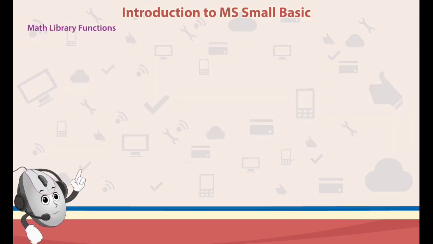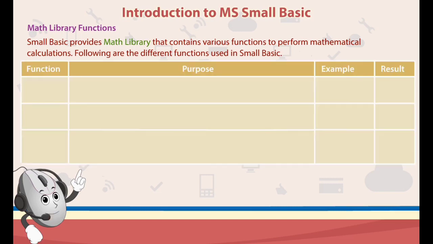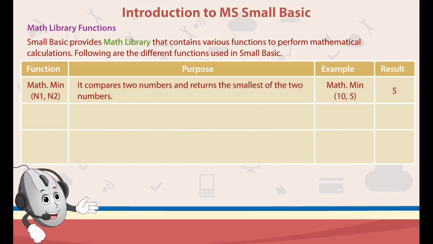Math library functions. Small Basic provides math library that contains various functions to perform mathematical calculations. Following are the different functions used in Small Basic: function, purpose, example, result. Math.Min(n1, n2).